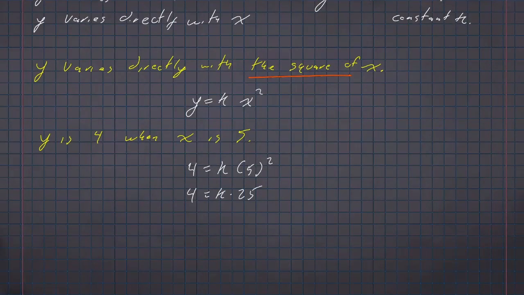And to get k by itself, we divide both sides of the equation by 25 and get that 4 over 25 is the value of k.